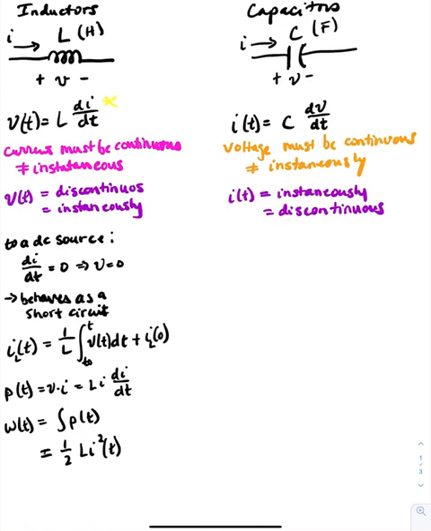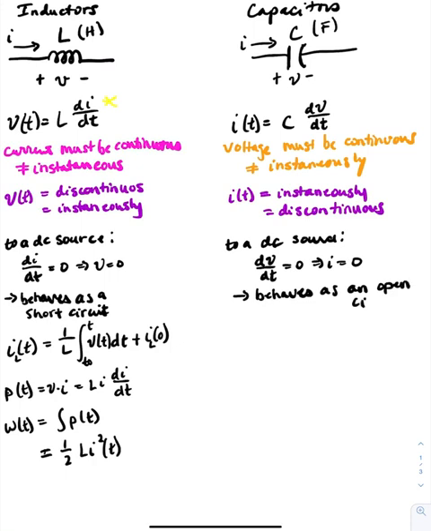All right, to a DC source, the change in voltage over time would be 0, which means the current would be 0. And if the current is 0, then the capacitor behaves as an open circuit.